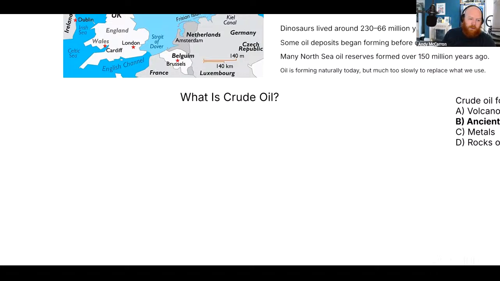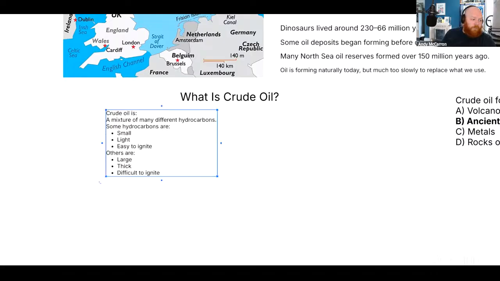And if you remember what a hydrocarbon is, let me write it here quickly. Hydrocarbon equals carbon and hydrogen elements only. So it is a compound made up of carbon and hydrogen only.